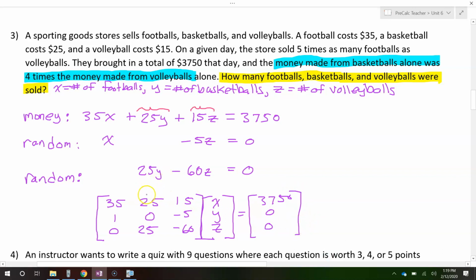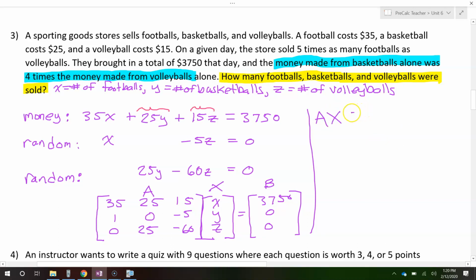Okay, let's call the first matrix A, and you have to label these for the next step. Let's call this A, this one X, and this one B. What I'm about to write next is not optional. I need to see it every time you do a matrix equation. Every single time.